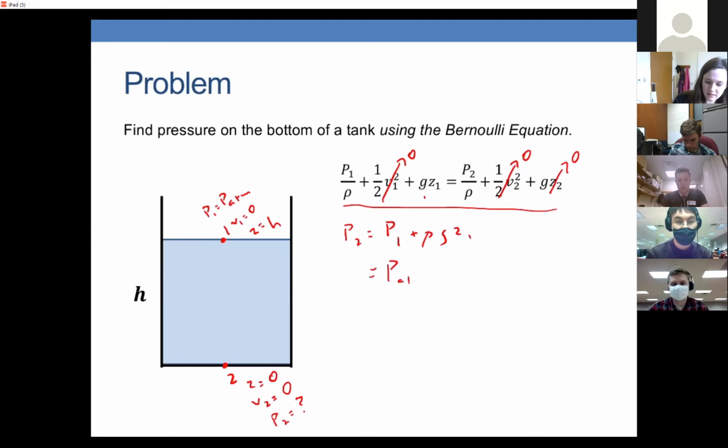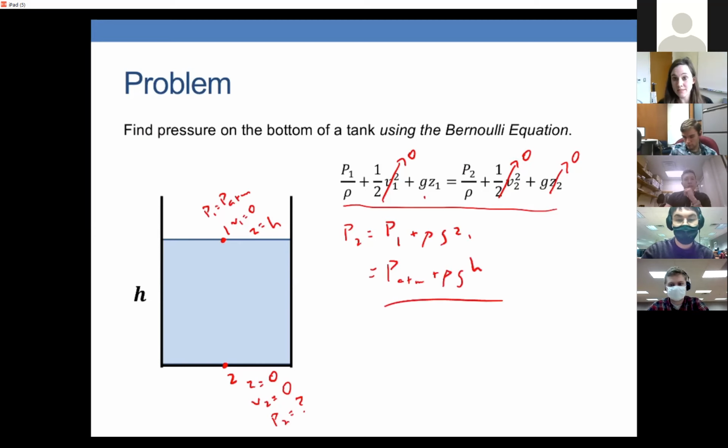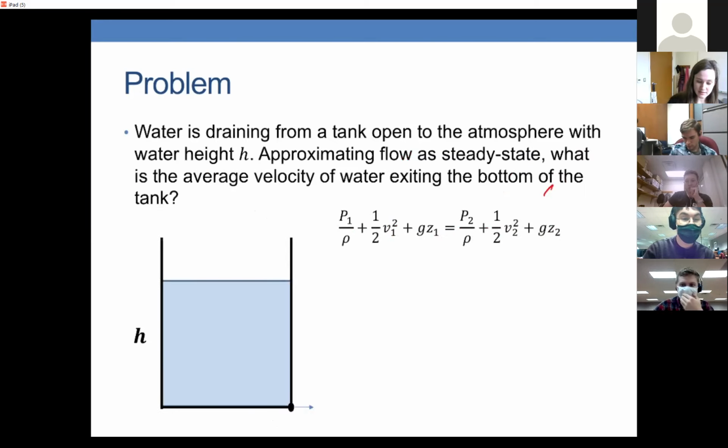So this is that same pressure at depth equation we've been using and that we talked about last week. I just wanted to show you that you can also get it from a mechanical energy balance. It all works together.